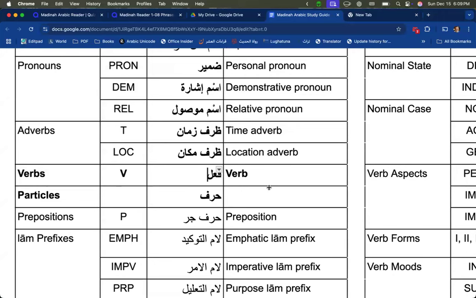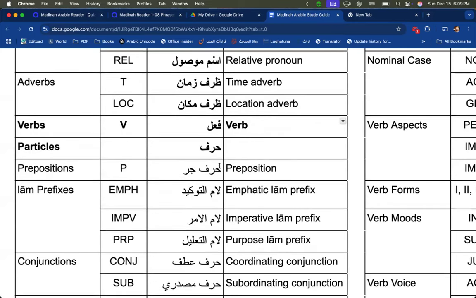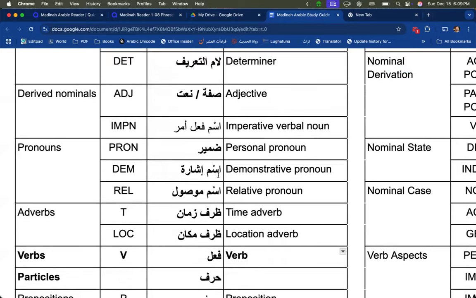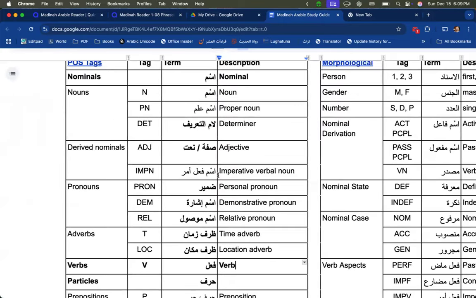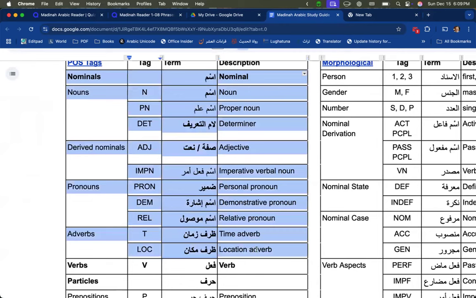And then have we done فعل? Yes, we've done verbs, haven't we? We've done فعل, right? Have we done the huruf? Arabic is made up of what? Ism, fi'l, and harf. Three components. All of these above that we just highlighted are called nominals or ism.